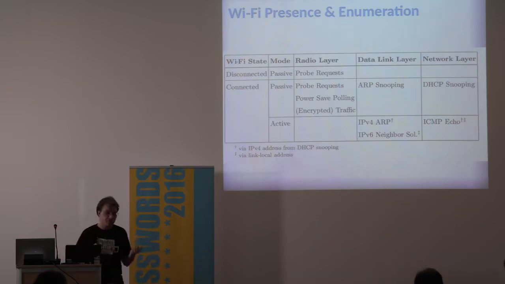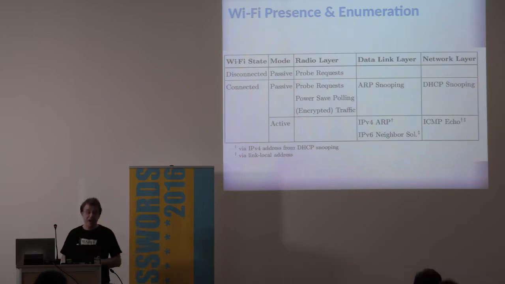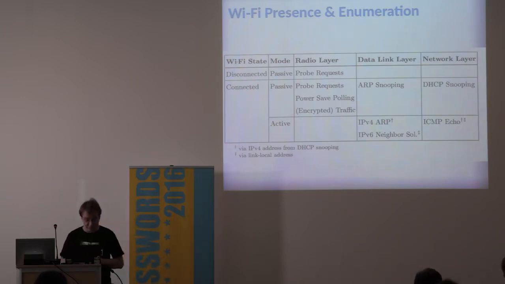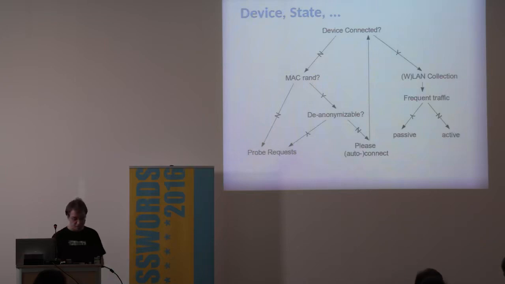But some devices do not answer on ping requests, but they have to answer on ARP requests or IPv6 neighbor solicitation requests. They cannot do without this. So this is like a small flow chart of what you have to do, depending on different devices.